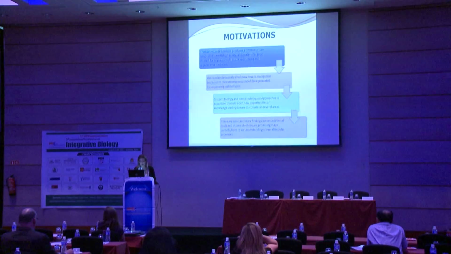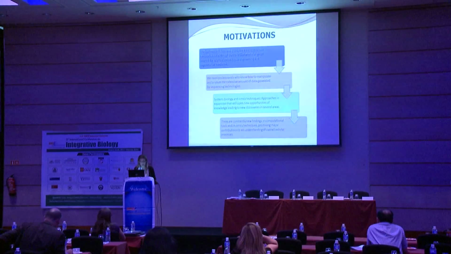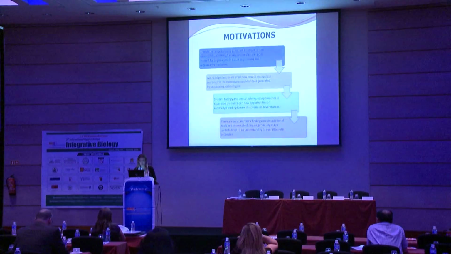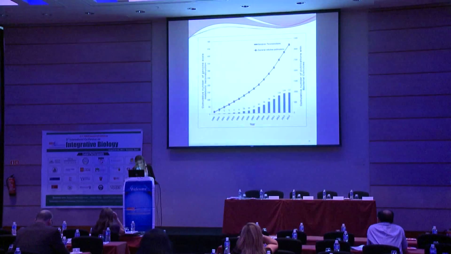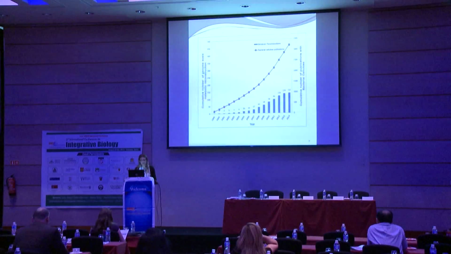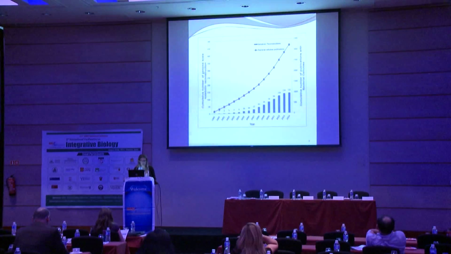And also, there are constantly new finds in computational tools and omics techniques, promising major contributions to an understanding of overall cellular process. So this graph demonstrates the widening gap between the cumulative number of genome-scale metabolic reconstructions, as you can see in blue, and in red we have all the publications with bacterial cellulose over the past 16 years.